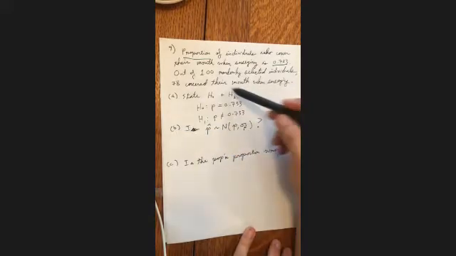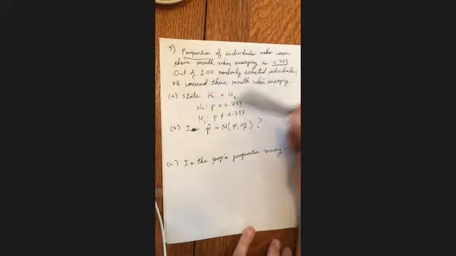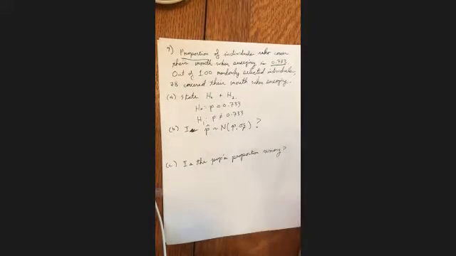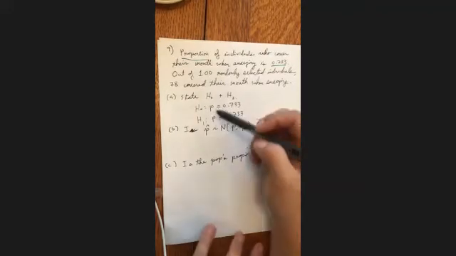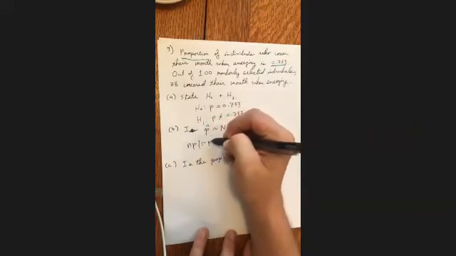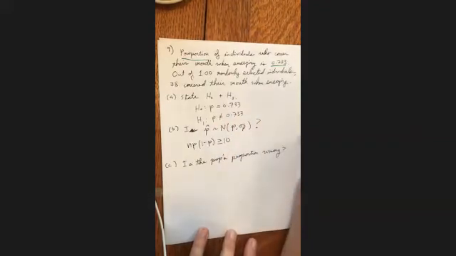Now in part B, if we want to be able to perform a hypothesis test, then we need to know that our sample proportion is behaving like a normal random variable. So is P hat normally distributed? Well, the main criteria here is that we need N times P times 1 minus P to be greater than or equal to 10. So is this true? Well, our N is 100, our P is 0.733, and then 1 minus 0.733.